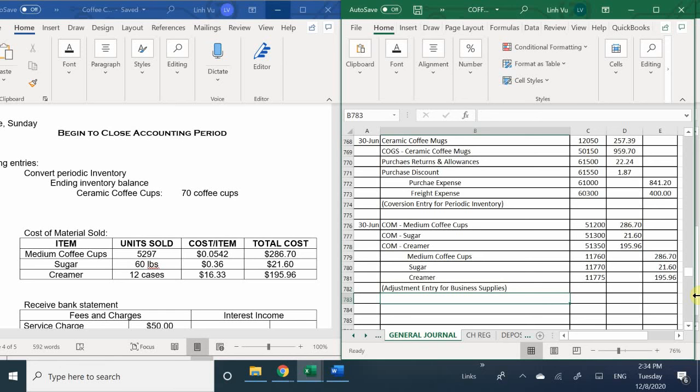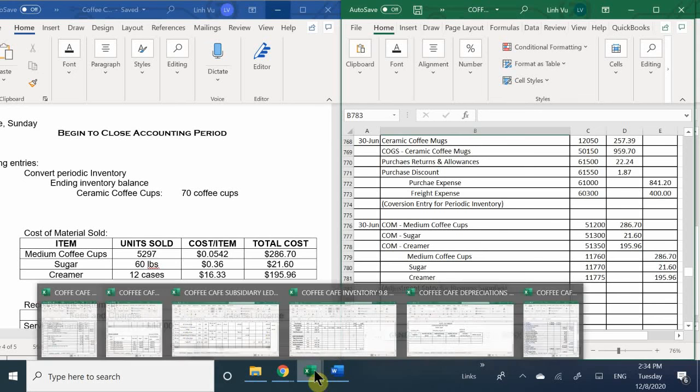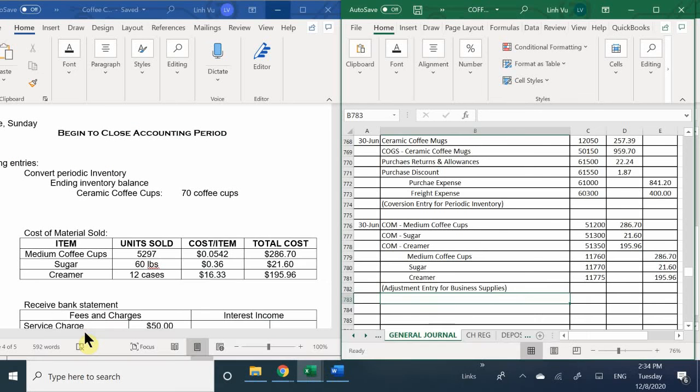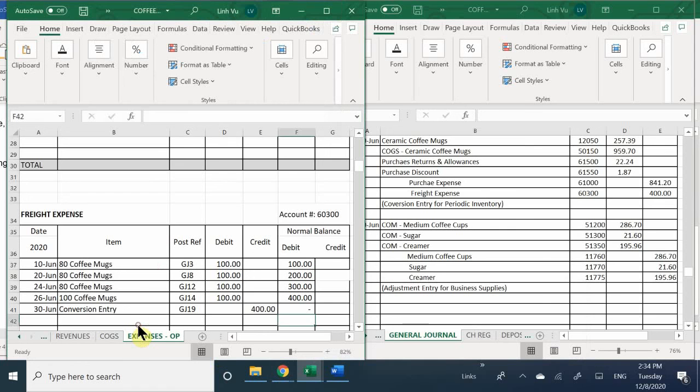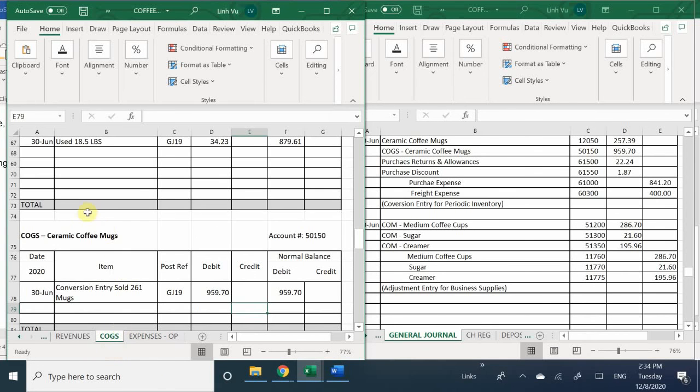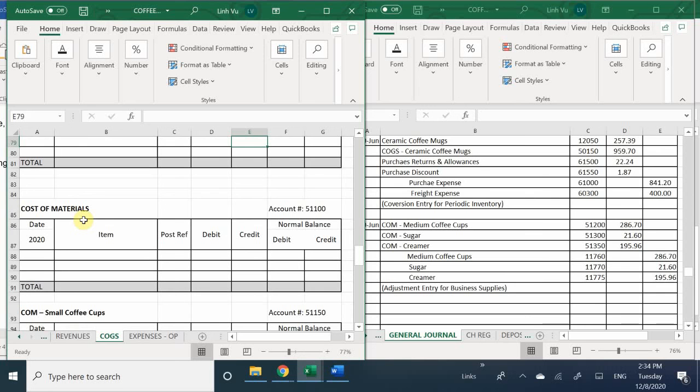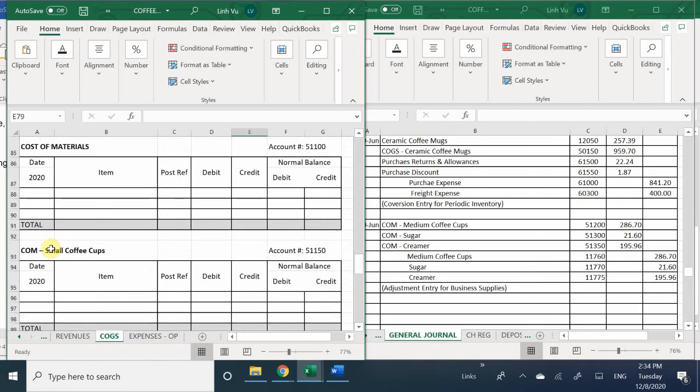We would go to the ledger, to the cost of goods sold column, down past the cost of materials.